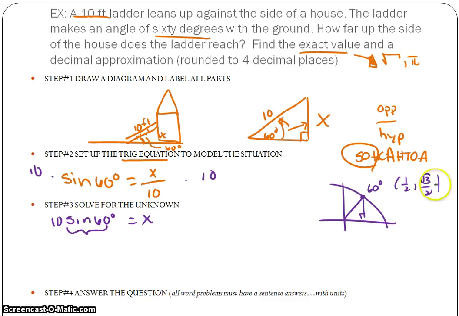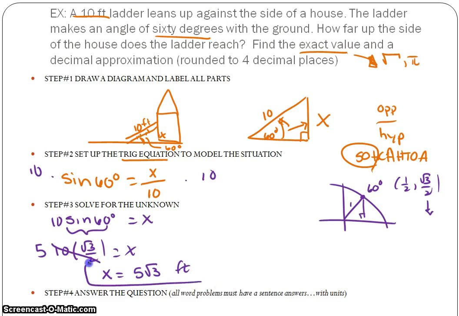So at 60 degrees, sine is the y-coordinate, or y over r, and my r is 1 because it's the unit circle. So sine of 60 degrees is root 3 over 2. So it's 10 times root 3 over 2 equals x, or 5 root 3. So x is 5 root 3, my units being feet. So this is my exact value.